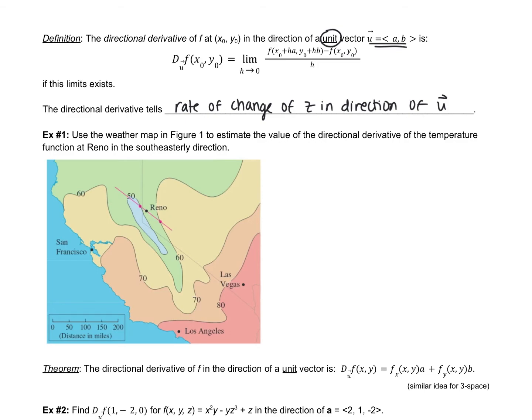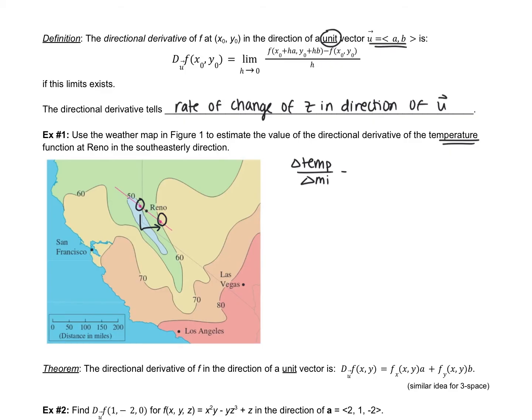Example 1 says, use the weather map in figure 1 to estimate the value of the directional derivative of the temperature function at Reno in the southeasterly direction. Okay, so what we want to look for here, temperature function. So we want to estimate the change in temperature over a change in miles. So if we are going from this point to this point, so we are going the southeasterly direction.